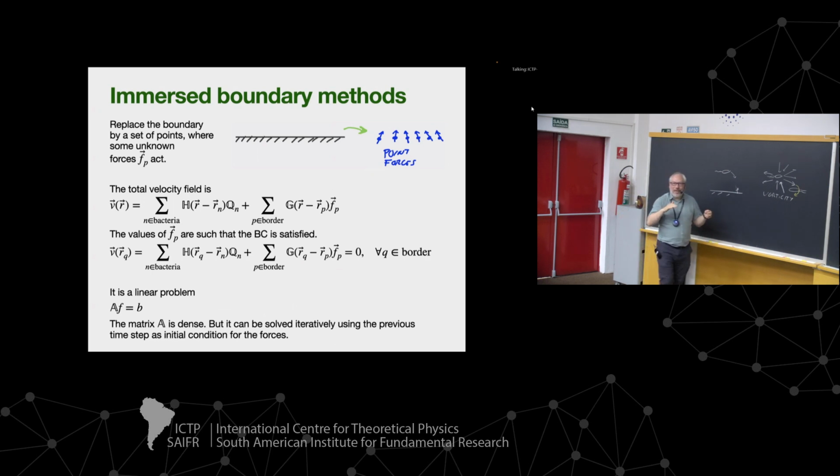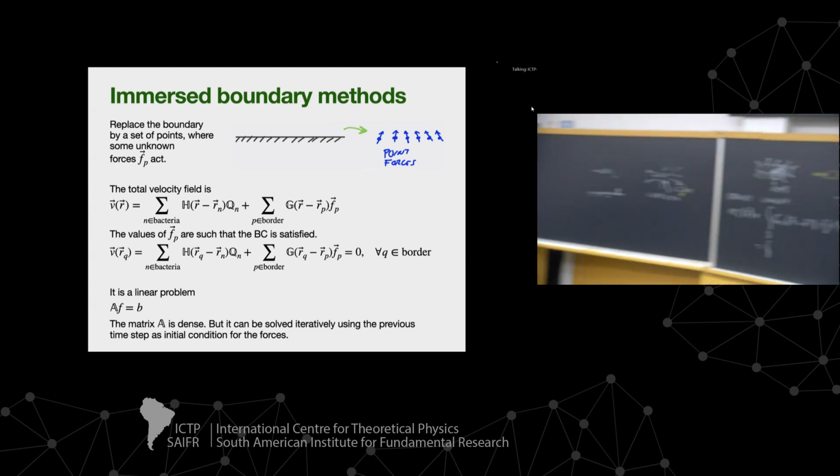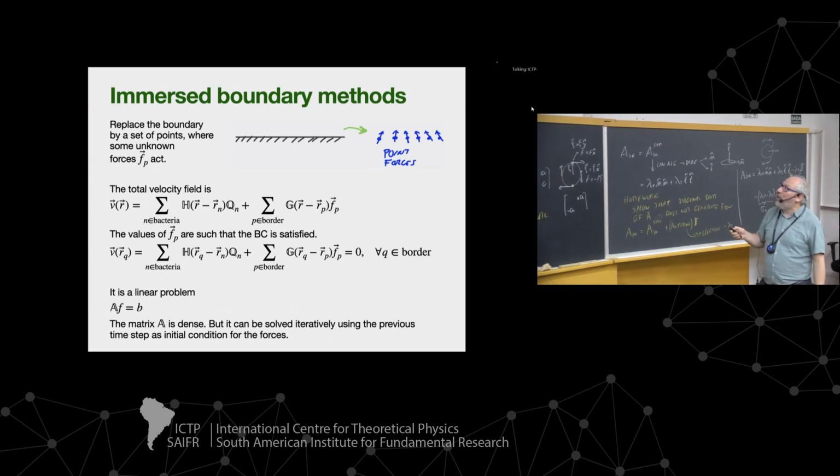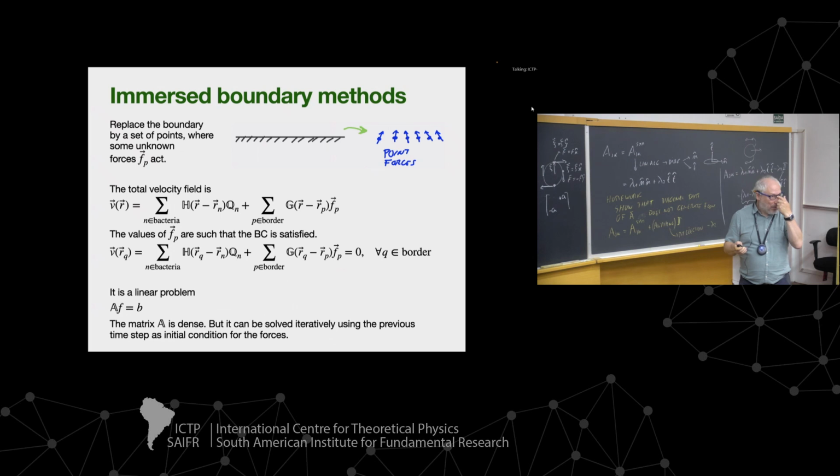So the surface is reacting to the action of this bacterium, not to move. So actually, this is real. A surface is reacting by a set of forces. So you say, okay, my surface is going to be replaced by a set of points, each one exerting some force on the fluid. The problem is that you don't know the forces. Live with that at the moment. But those are forces.